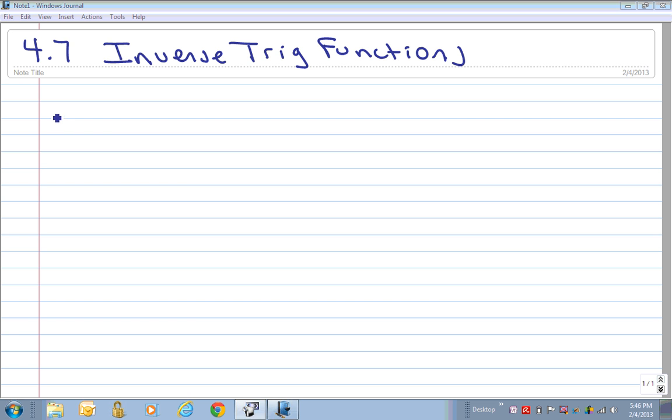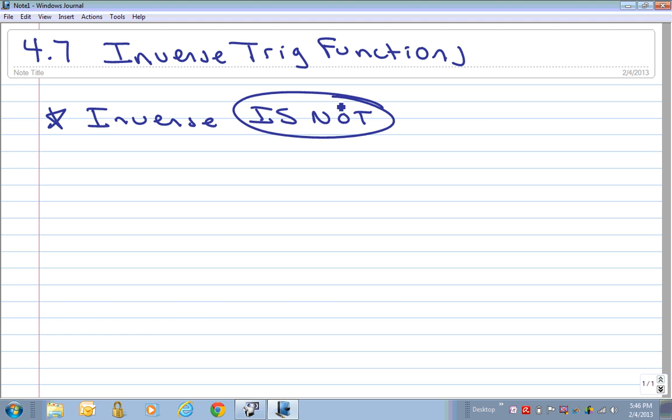The first thing I want you to note is that an inverse is not the same as a reciprocal. Although they're both switching or flipping or changing something, they are not the same thing.